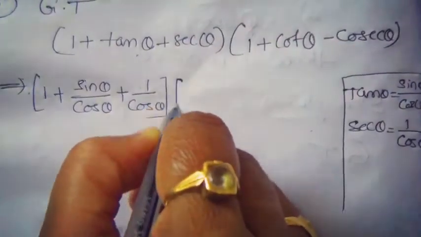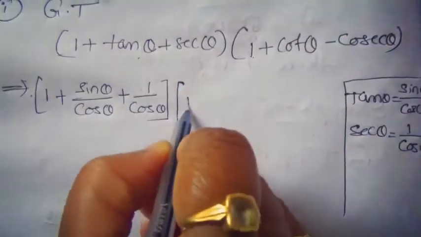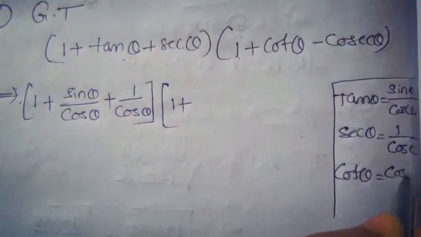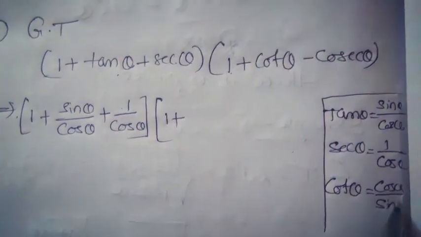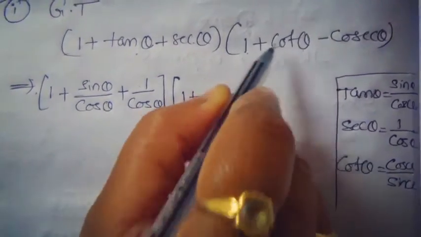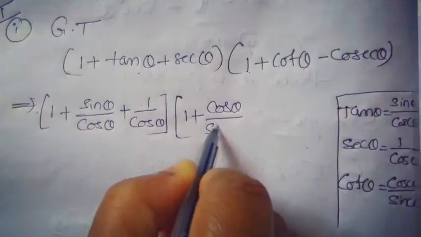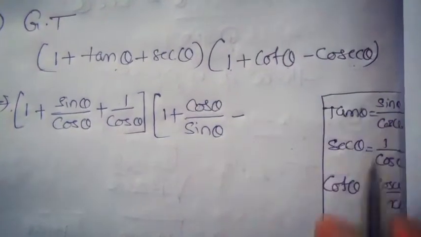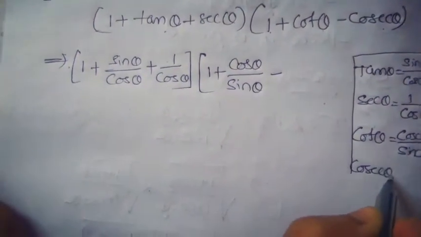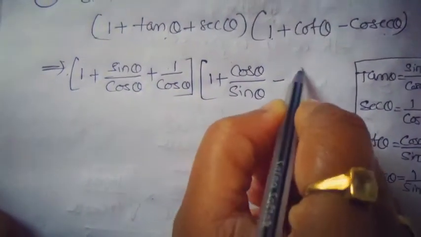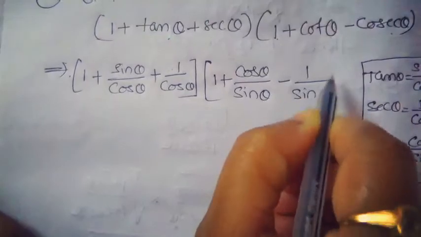Similarly, 1 plus cot theta means cos theta by sin theta, so in the place of cot theta I am writing cos theta by sin theta, minus cosecant theta, which means 1 by sin theta.